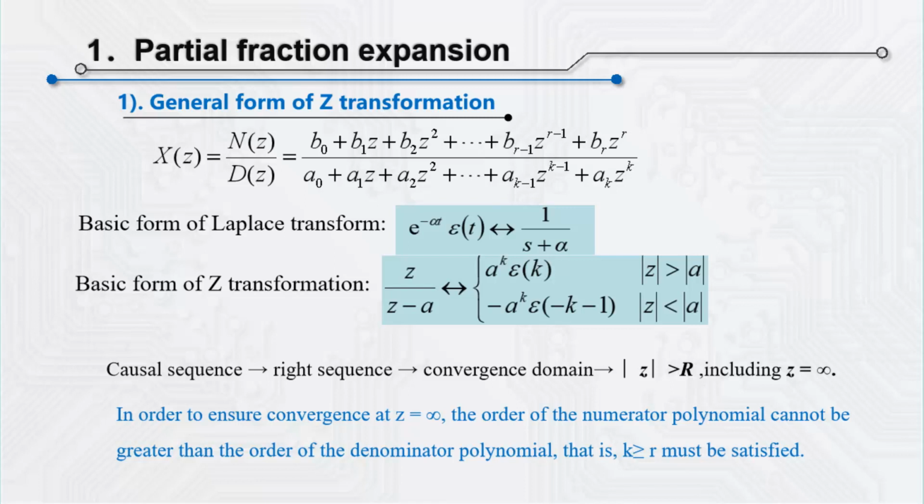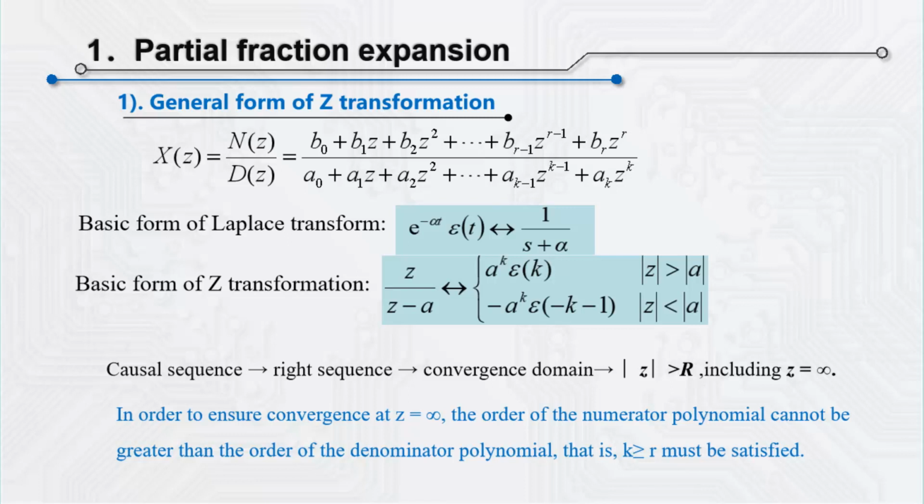According to such a distinguished form, if we use the same method for partial fraction expansion, we need to pre-process the form of X of z. Then we can divide it by a z in advance. Finally, multiply this z again, just to ensure convergence at z positive infinity.